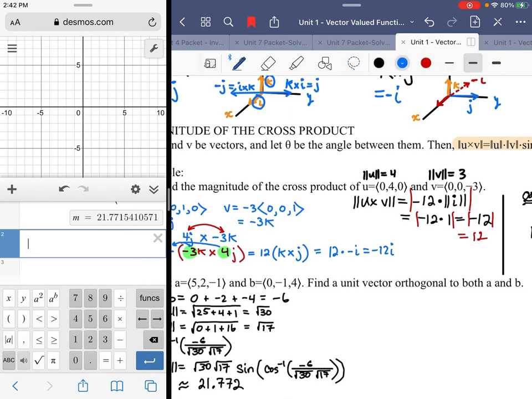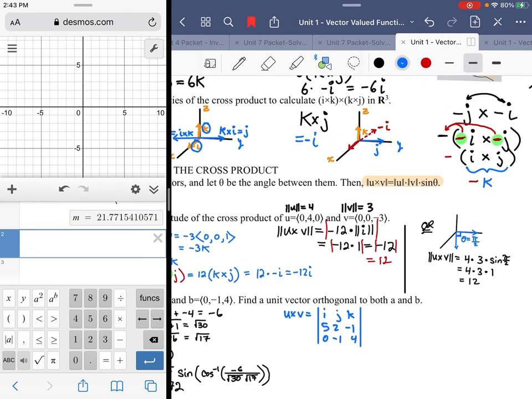So if I want actually U cross V, I, J, K, 5, 2, -1, 0, -1, and 4. We're finding the determinant of this.